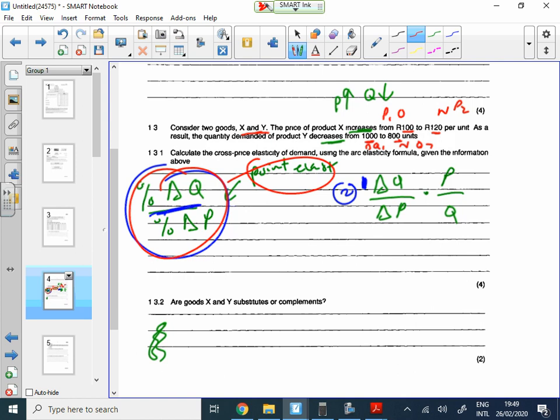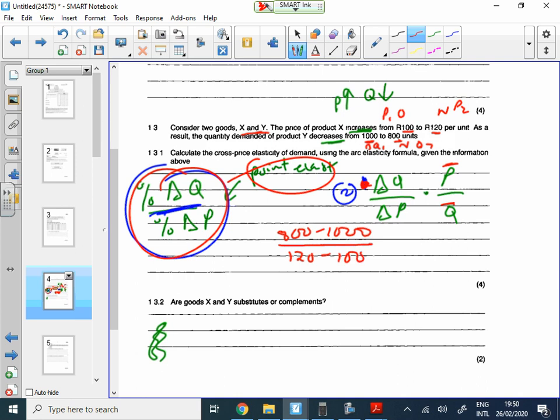But in this case, they asked for the arc one, so you have to say change in quantity over change in P. Instead of P over Q, you say P bar and Q bar. How do we calculate the change in quantity? We look at the quantity. It changed from, I can say Q2 minus Q1, which is 800 minus 1,000 over 120 minus 100.